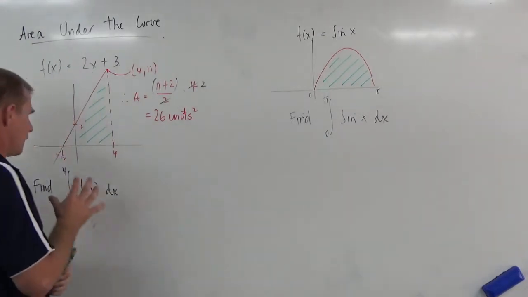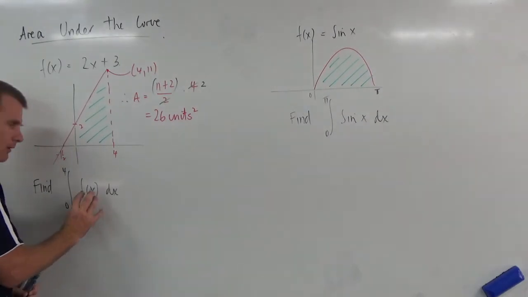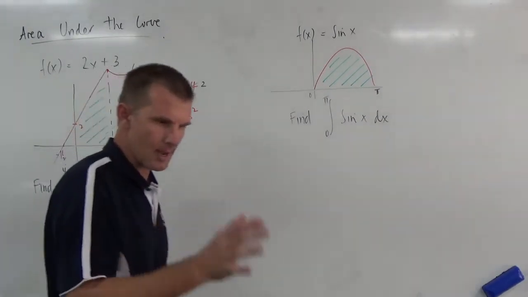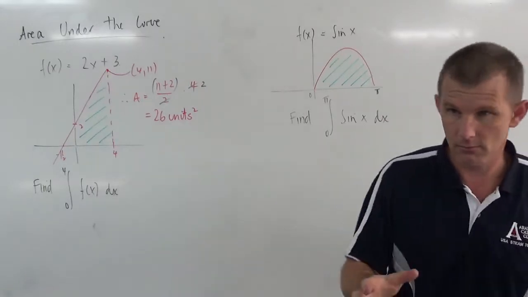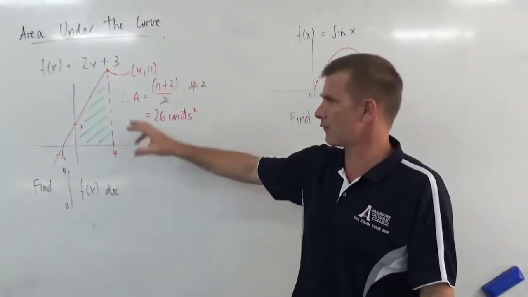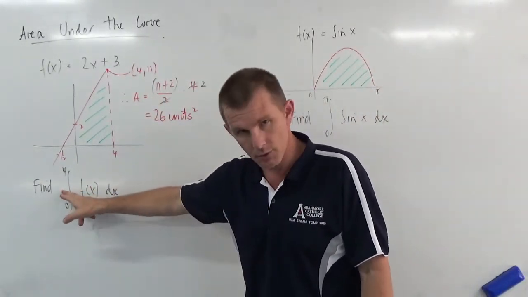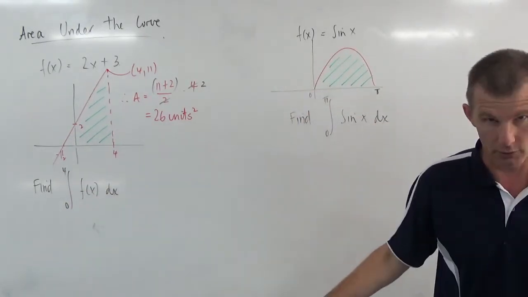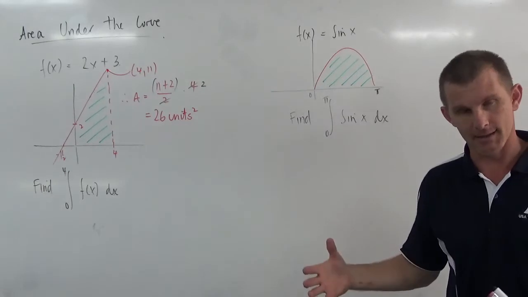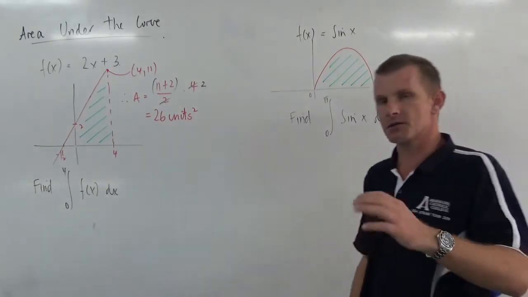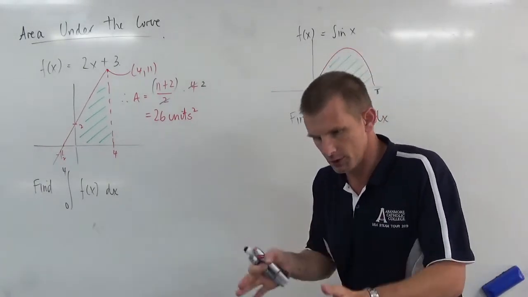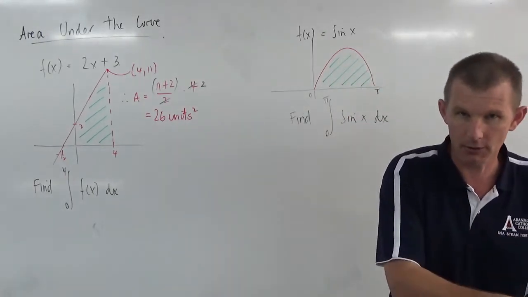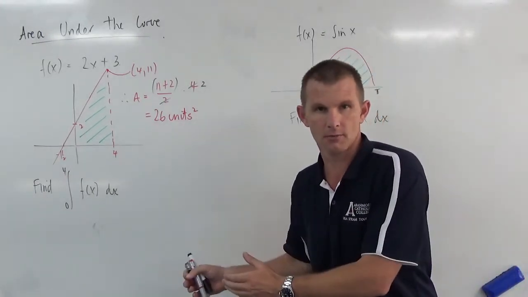Okay? This question here is not asking for an area. This question here is asking for you to calculate the integral between those limits. Integrals do not have units. Area does. Okay? See it in a similar way to velocity has a direction to it, speed does not.